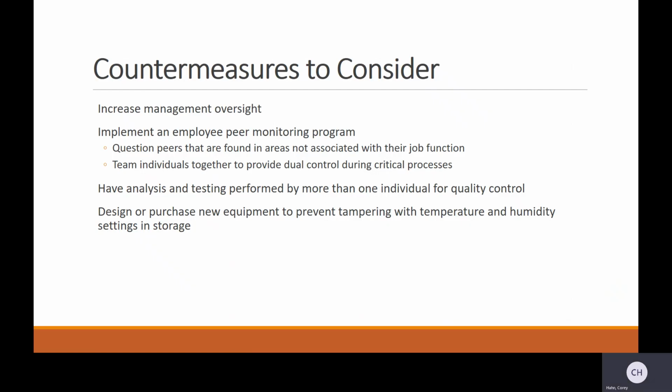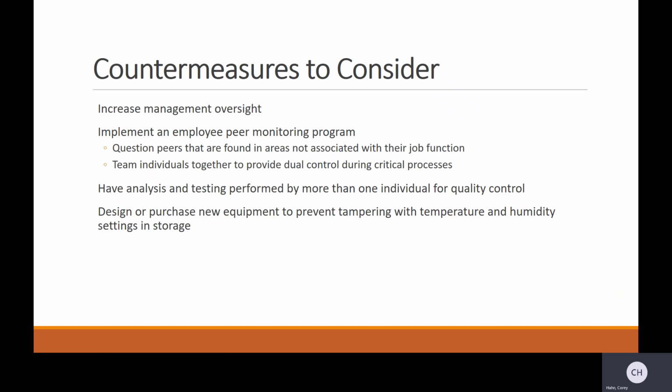So since the Carver plus shock method assists with identifying vulnerabilities and analyzing the target, the question arises, what can we do or what countermeasures should we consider? Well, one thing that should be discussed is the amount of management oversight that may be needed to be increased.